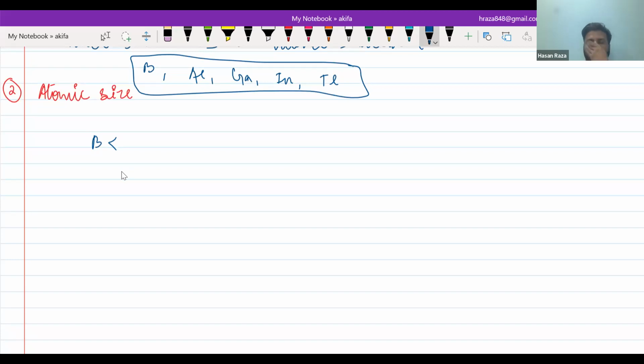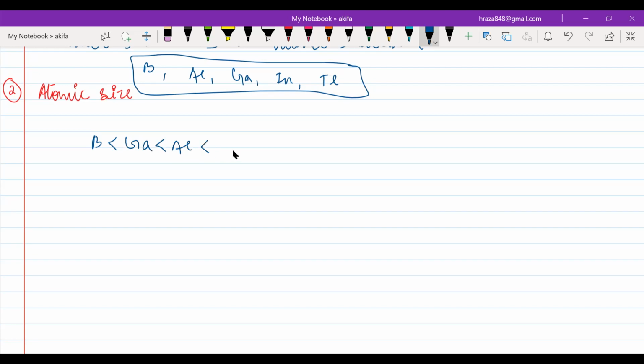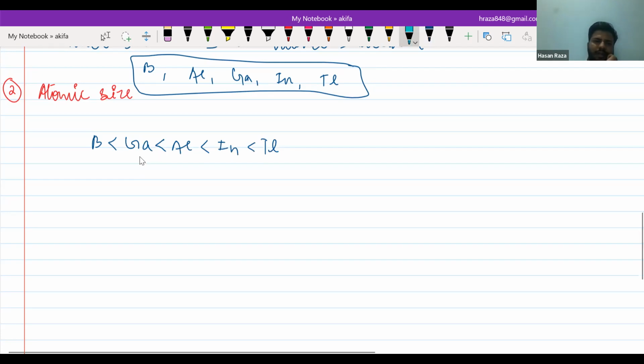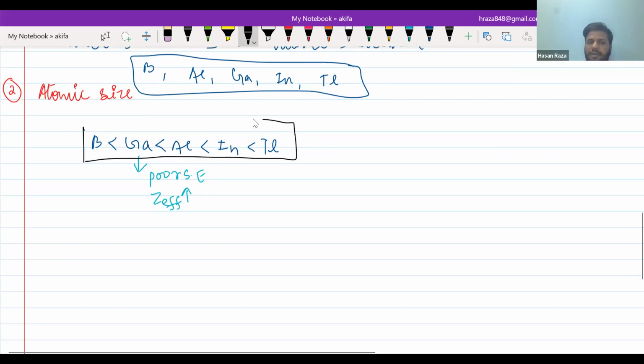Aluminum, right? No, it will be boron, then gallium, then aluminum, then indium, then thallium. Why is this so? Because of the poor shielding effect, its Z effective increases. That's why the size of gallium decreases, even smaller than aluminum. So just keep it in mind, very important.